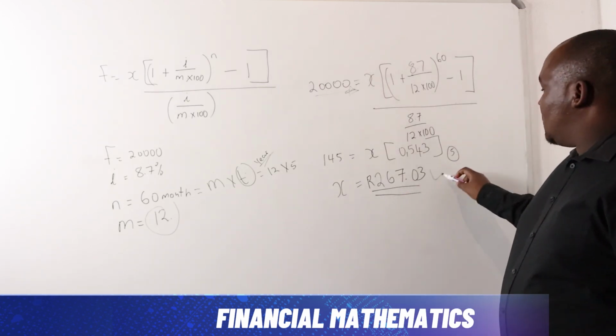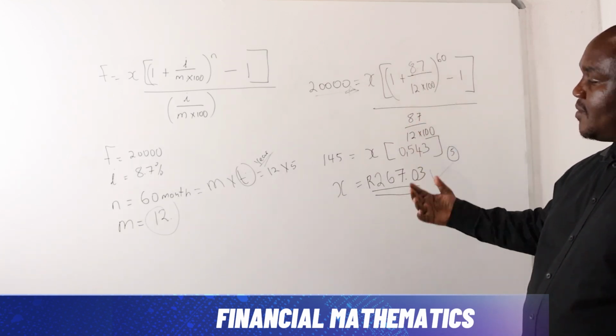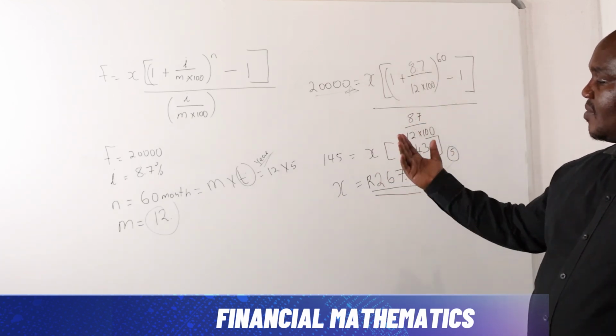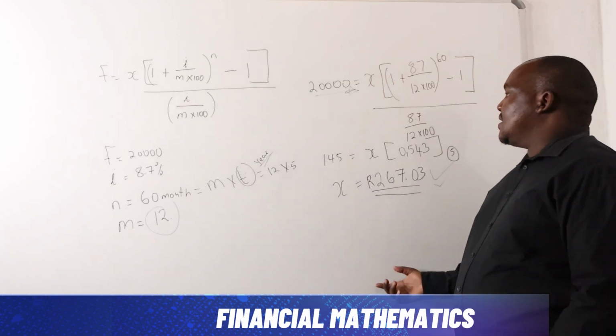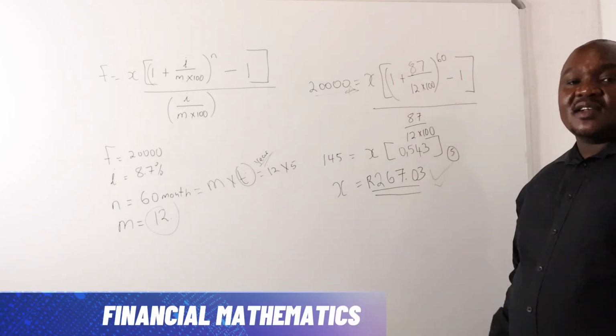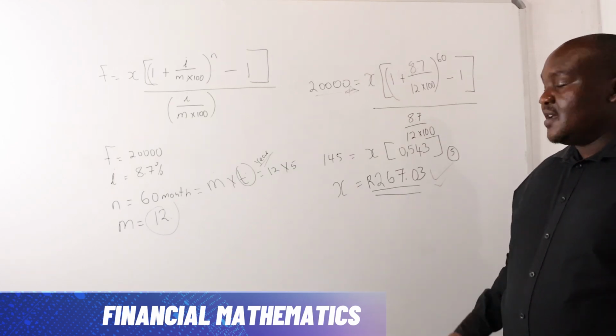But this is the value that you get 5 marks. But remember all the steps. Remember the M, remember the T, remember the N, how they relate, and good luck to all of you. Let's quickly rush to the next question.